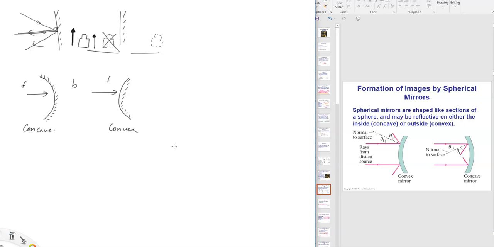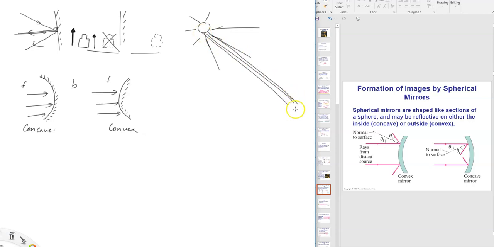Now, to describe properties, we will use parallel light coming into the mirror, right? Now we know that if you have a light bulb, light goes in all directions like this, so it's not really parallel. But if you consider some light far away, a couple of meters away, these light rays appear to be much more parallel.